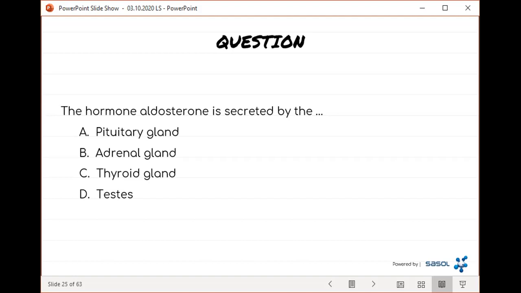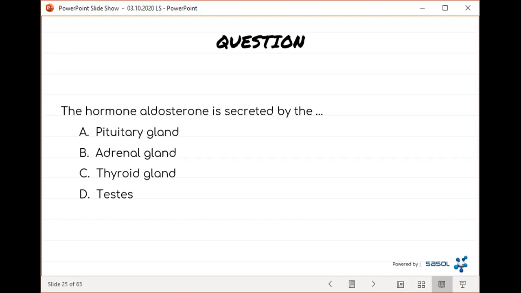So if you go back to the pituitary gland, we know that the pituitary gland secretes growth hormone, as well as reproductive hormones, FSH, and LH, which is the luteinizing hormone.